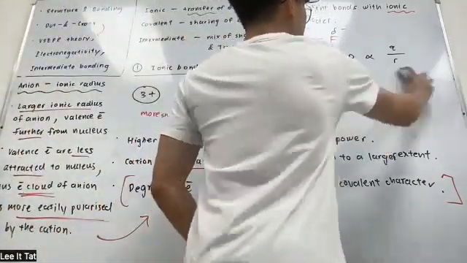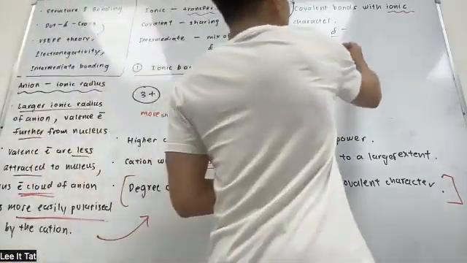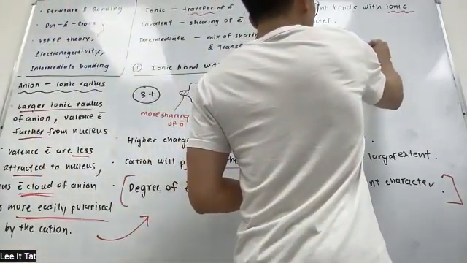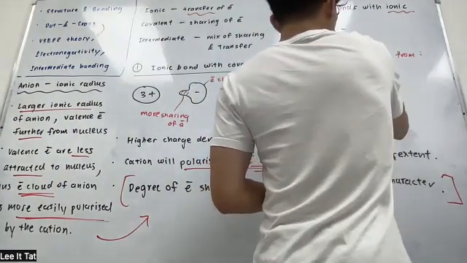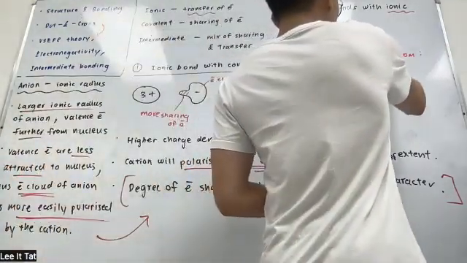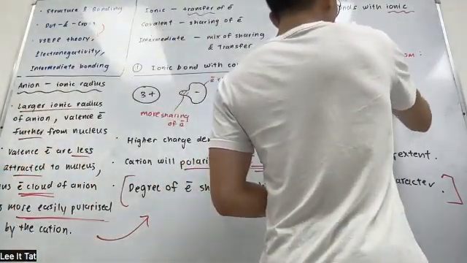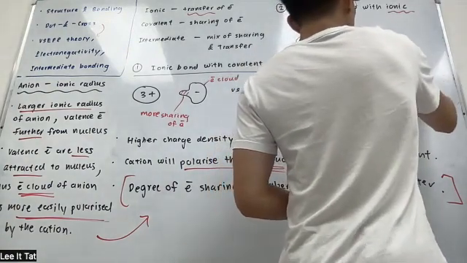Now, let's take a look. The first part, Part A, says deviates more from the ionic model. Part B, deviates more from the theoretical lattice energy.